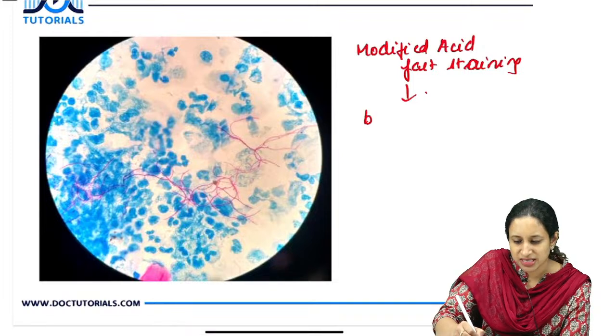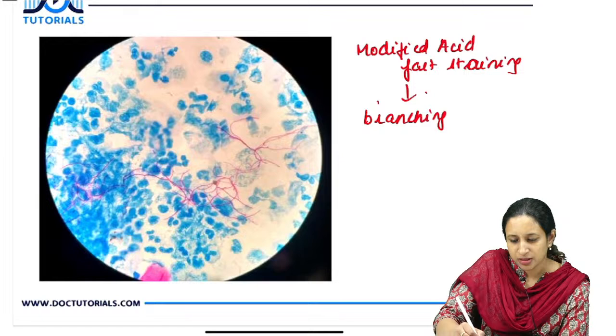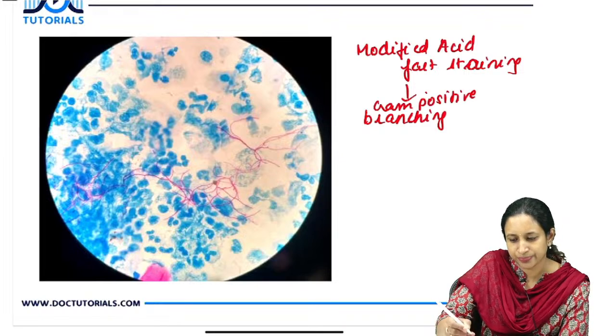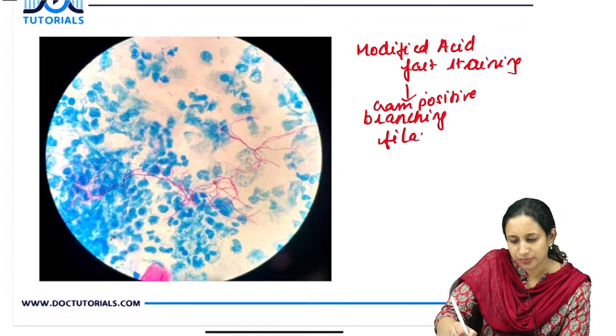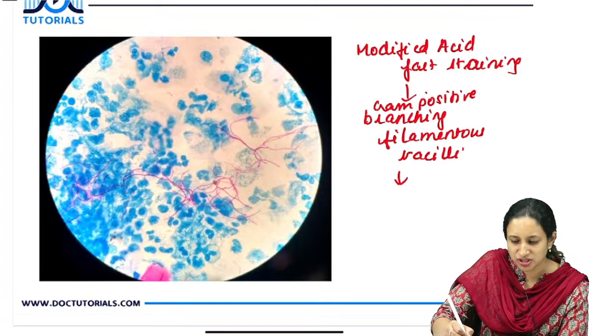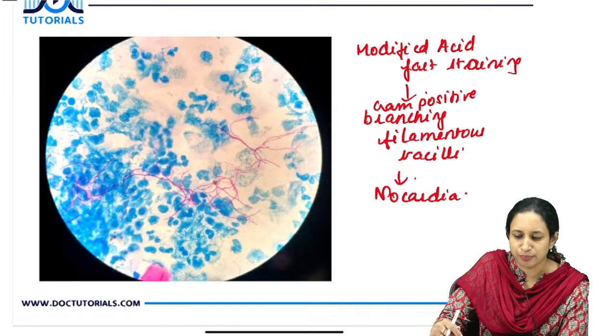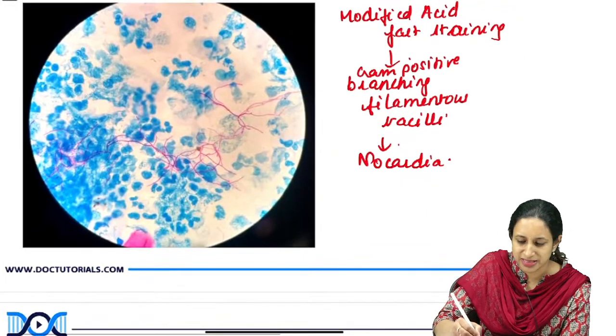Here, if you can see, it is gram-positive branching filamentous bacilli. So this could actually be Nocardia. So Nocardia is gram-positive branching filamentous bacilli.